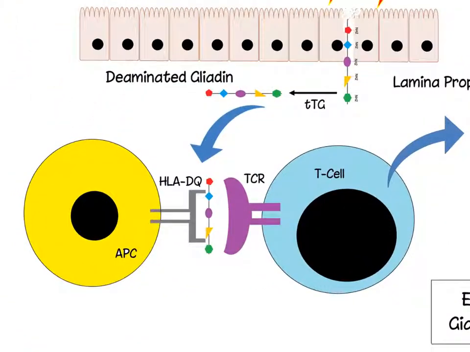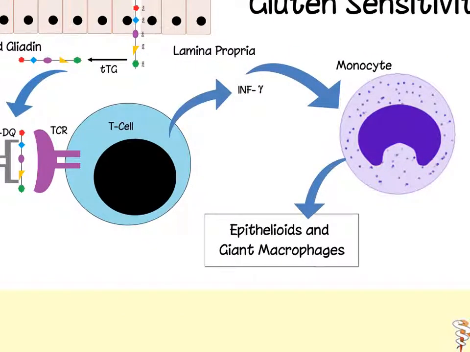Deaminated gliadin is locally phagocytized by the antigen-presenting cells, and its epitopes are presented on the MHC2 molecules, which results in T-cell activation.